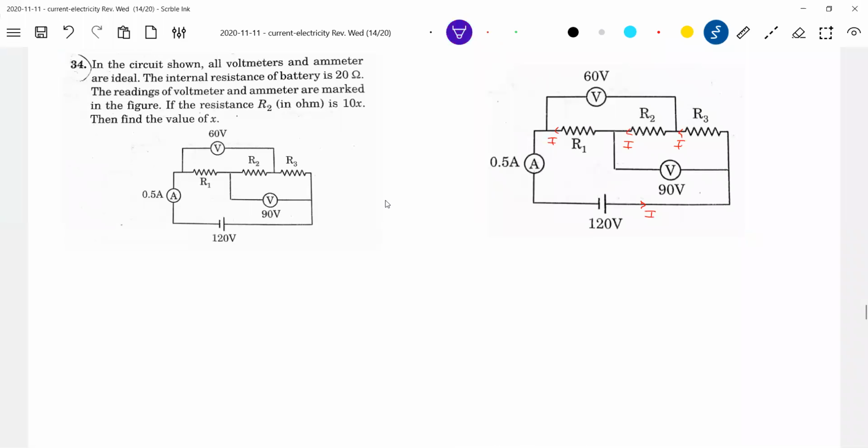First equation, 60 volt should be equal to I into R1 plus R2. Similarly, 90 volt should be equal to I into R3 plus R2. We know the value of I. And what is I? I should be equal to 120.